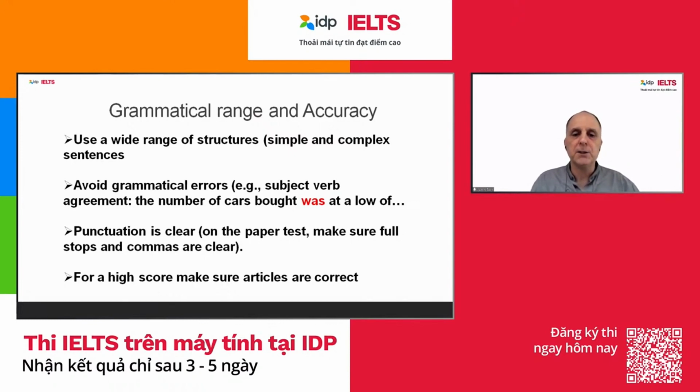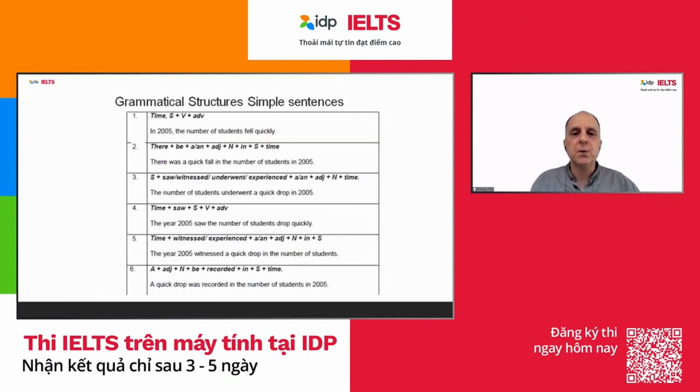For a high score, make sure that your articles are correct. Okay, here are some simple sentences. Once again, you can review this later. I will not read all the way through. So, some simple sentences that you might want to practice. There we go.